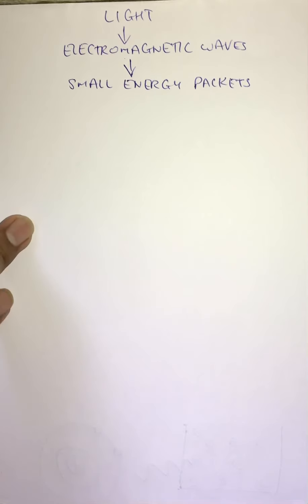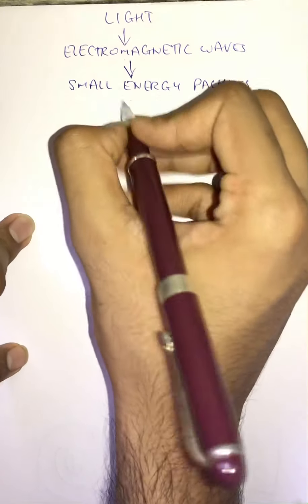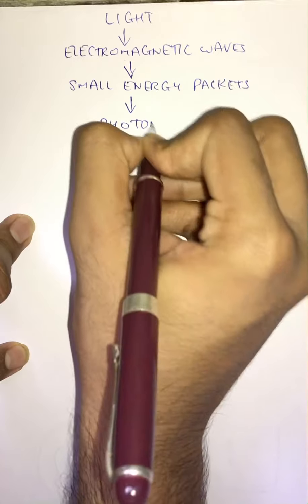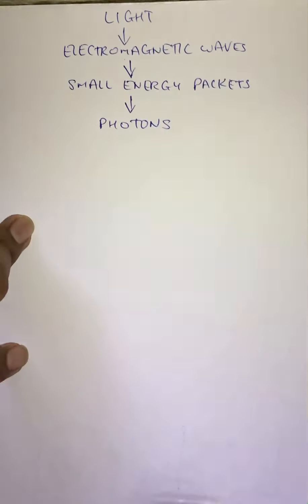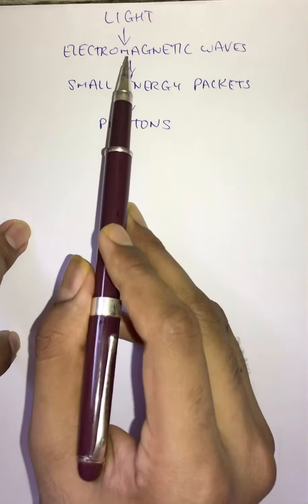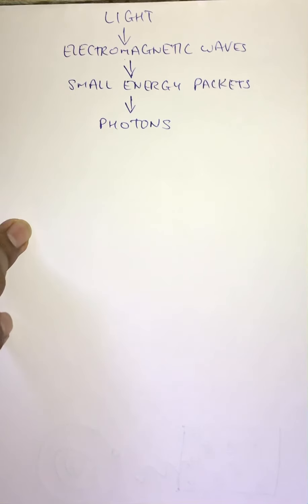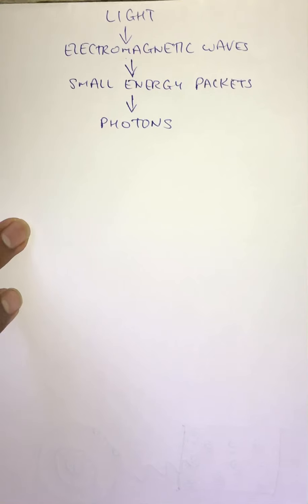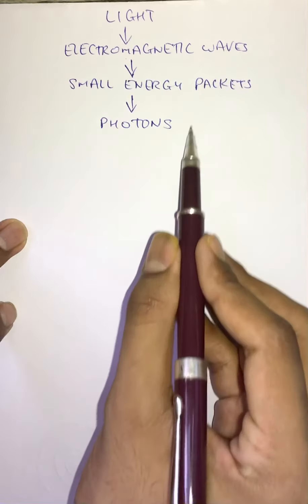These small energy packets were named photons in the case of light. In a single electromagnetic wave, there are many such small energy packets, therefore they were called photons.